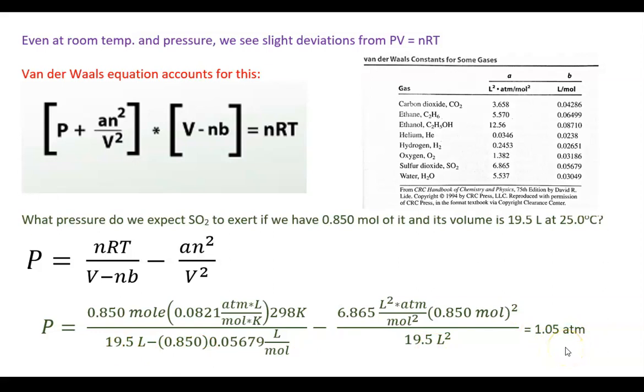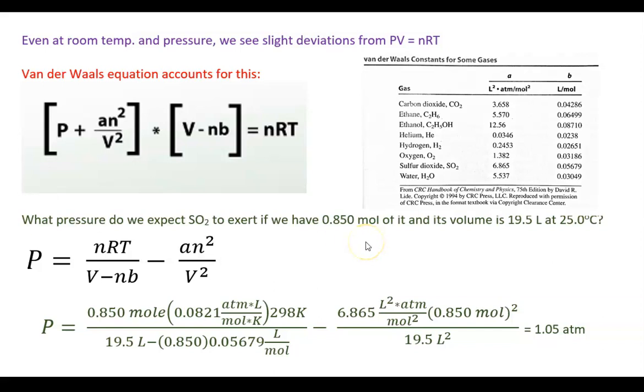I didn't show my work for this, but if I had solved it like an ideal gas, using P equals nRT over V, without accounting for the van der Waals equation, I would have gotten about 1.07, so a little bit higher number of atmospheres of pressure.